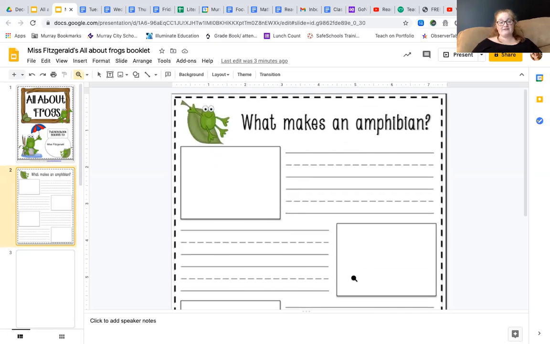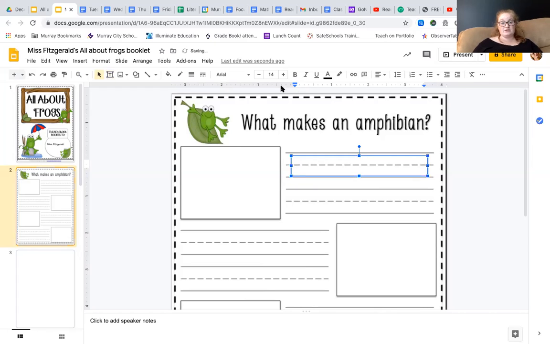So my first fact that I'm going to put in here is frogs are amphibians. So I'm going to get my pencil and I'm going to write it right here on the line. And it is going to say, let me get mine big enough, frogs are a type of amphibian.